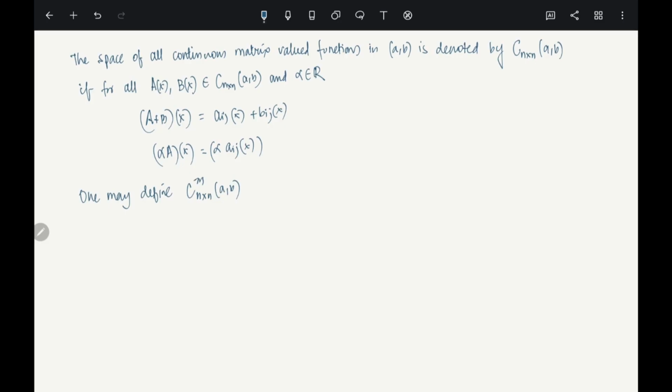So basically this is the space of all m times continuously differentiable matrix valued functions in [a,b], okay.